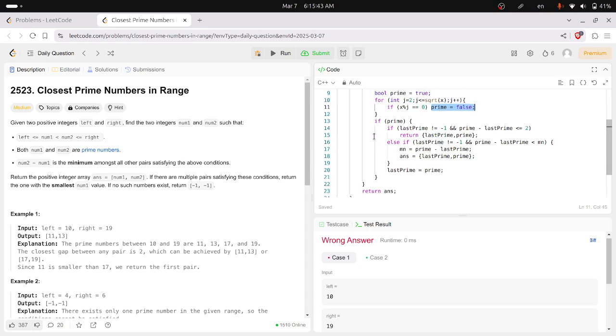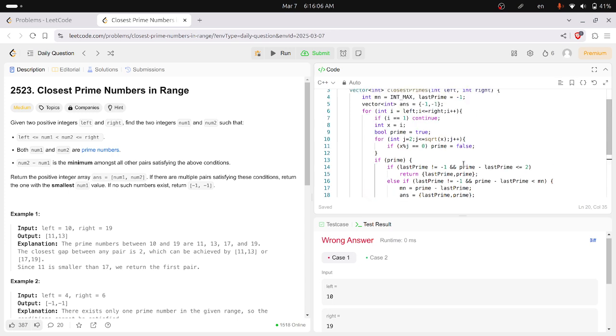If it is not prime, I'm not doing anything. If it is prime, then I'm checking if last prime is not equal to -1, then I'm checking the difference, and updating the minimum here, and updating the last prime anyway, whatever the case is.